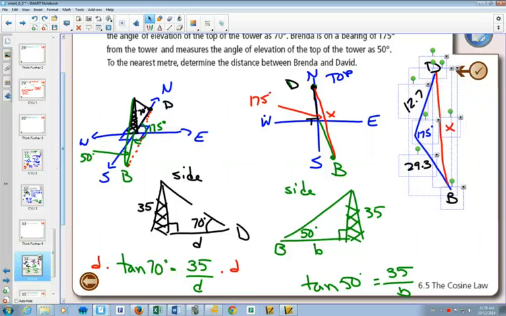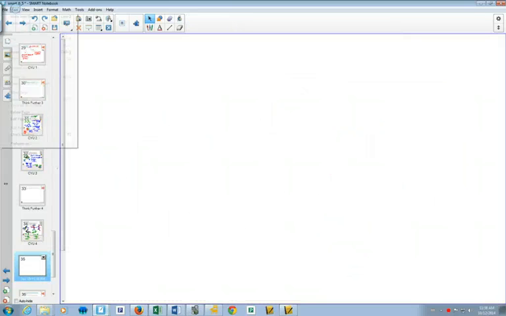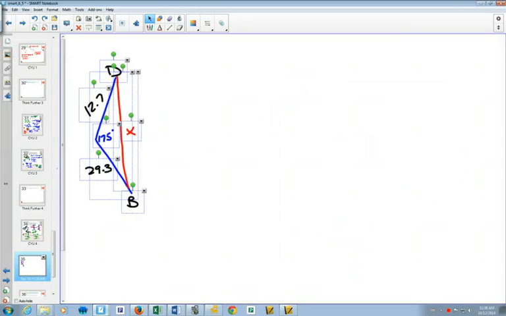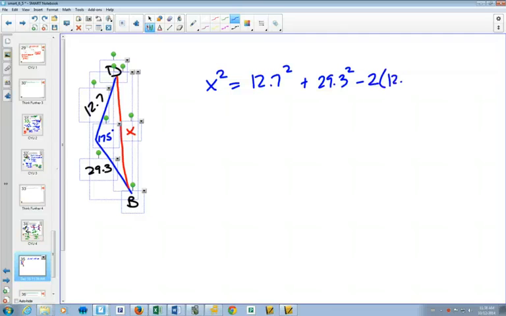And we're solving for a side. X squared will be 12.7 squared plus 29.3 squared minus 2 times 12.7 times 29.3 cos of 175 degrees.